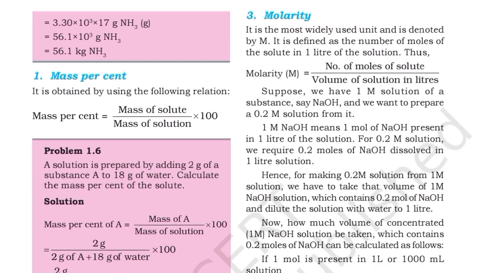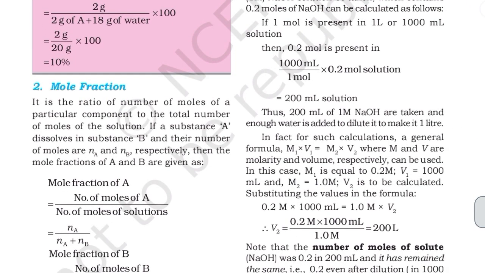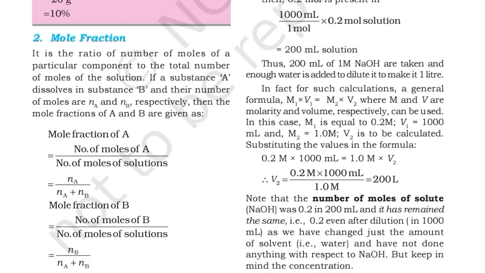Mass percent. It is obtained by using the following relation: mass percent is equal to mass of solute by mass of solution into 100. Mole fraction. It is the ratio of number of moles of a particular component to the total number of moles of the solution.